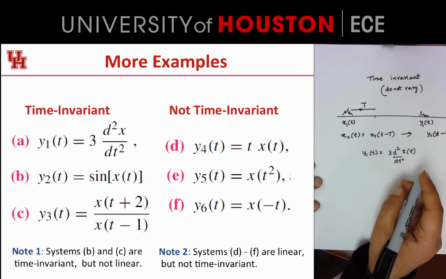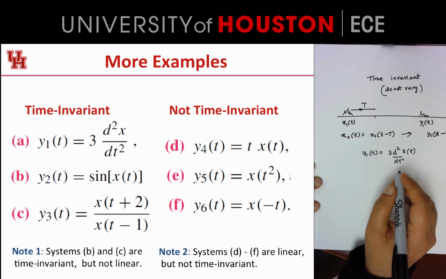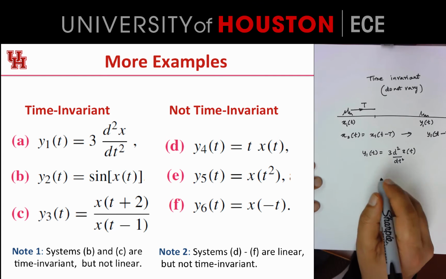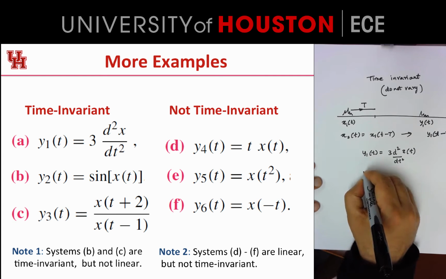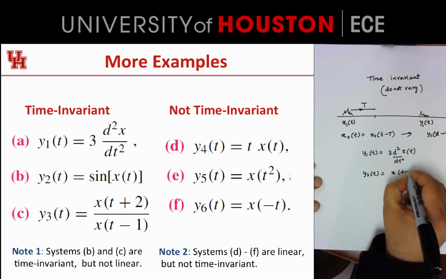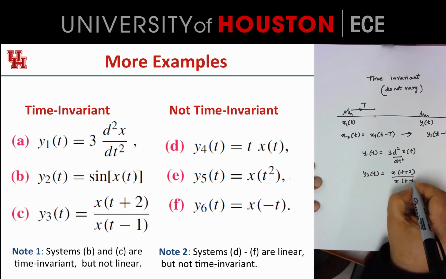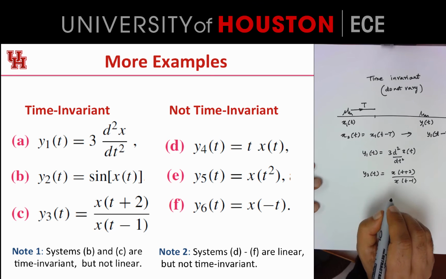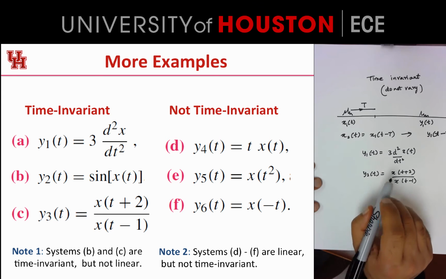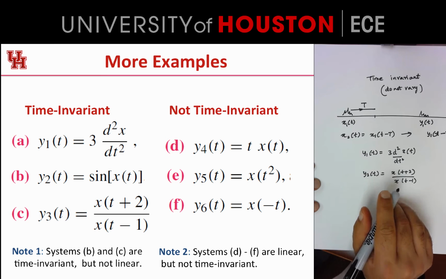This is also true of simple functions like sine of t, and simple systems like y3 of t, for example, is x of t plus 2 divided by x of t minus 1. Now these systems are time invariant. We'll talk a bit more about how to check for time invariance in the next slide.